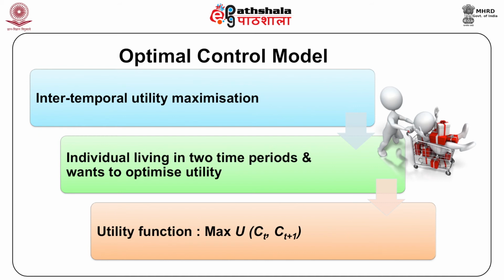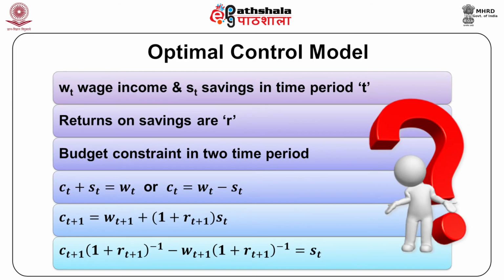His or her utility function can be given by maximization of u(c_t, c_{t+1}). With w_t as the wage income and s_t as savings in time period t, assuming that the returns on savings are r, the budget constraints in two time periods will be c_t + s_t = w_t, or c_t = w_t - s_t. And c_{t+1} = w_{t+1} + (1 + r_{t+1}) s_t, or c_{t+1}(1 + r_{t+1})^{-1} - w_{t+1}(1 + r_{t+1})^{-1} = s_t.